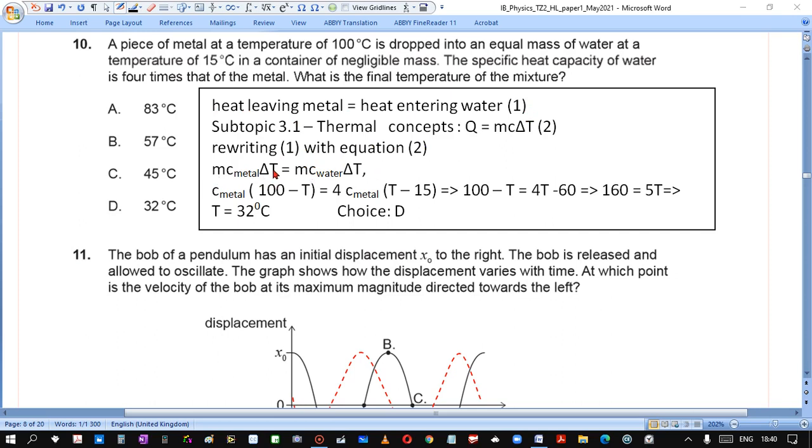Change of temperature: the piece of metal's temperature decreases from 100 to T, and water increases from 15 to T. After solving this and simplifying by C metal and mass, we get the formula for capital T, and it is 32 degrees Celsius, so choice D.